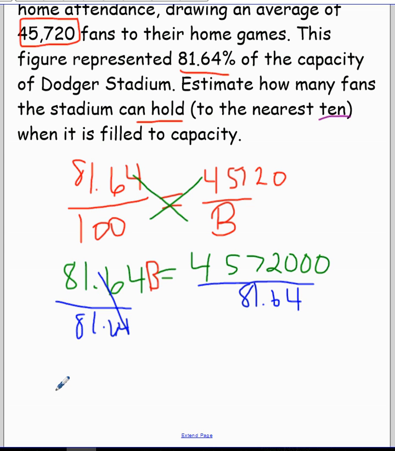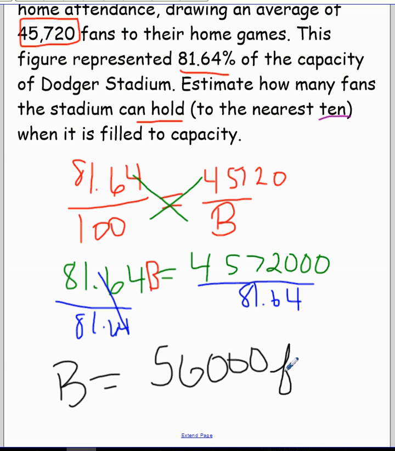But when we do this, we get a small decimal at the end, but it's 56,000 and then 0.195. And so rounding to the nearest 10 means we would have 56,000. And again, this number represents something because it's in a story problem, and it represents the amount of fans the stadium can hold.